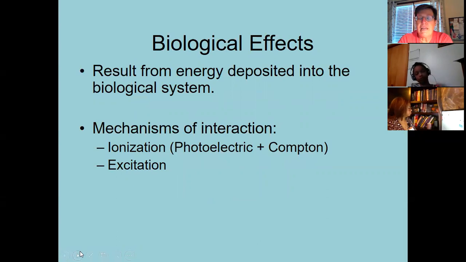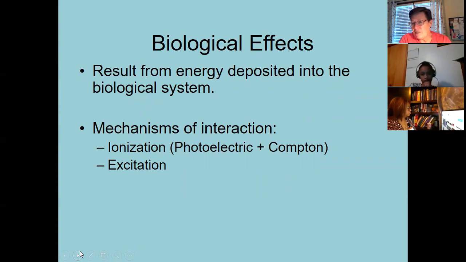So when we think about interactions of radiation with matter, with our patient, with ourselves, we know that these interactions leave energy in our bodies or in the patient's body.